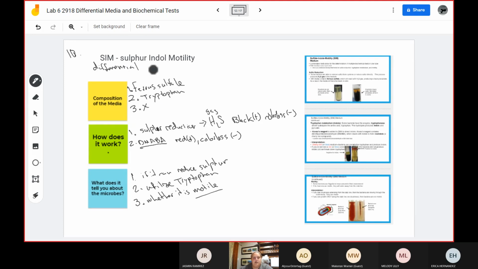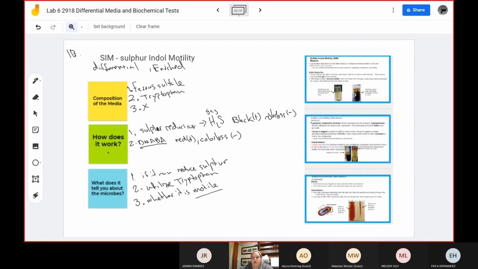It does have tryptophan, so you could argue that it's an enriched media, and that helps those that can utilize tryptophan to grow. But overall, we're testing for these three different things: whether or not it produces that black precipitate, whether or not it turns red when you add Kovacs reagent, and whether or not the bacteria grow along that stab line or if they move out into the media.